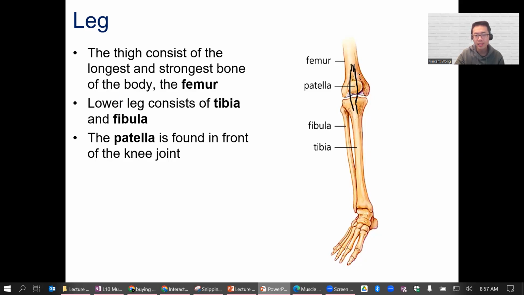And within this ligament, that's where you will find the patella. So it's embedded within a ligament. And in case you need a refresher, ligament is what connects bones to bones. Tendon is what connects muscle to bone. Okay.